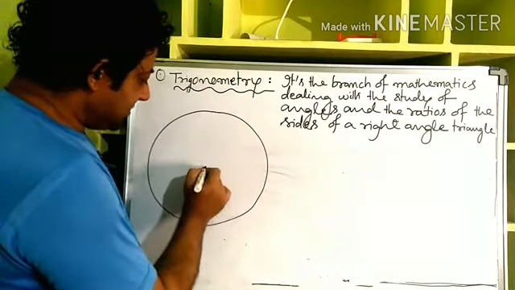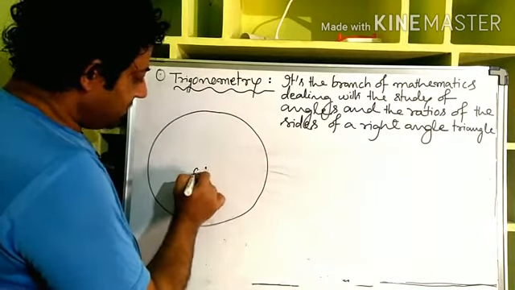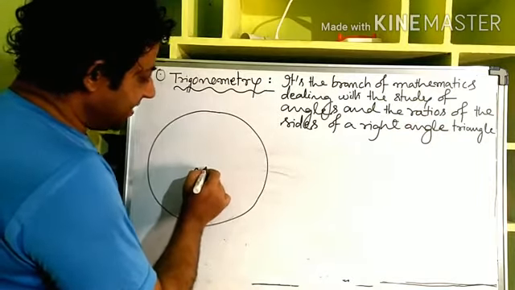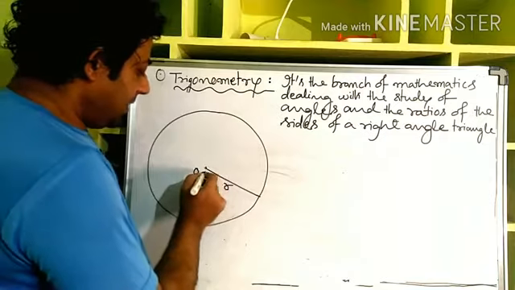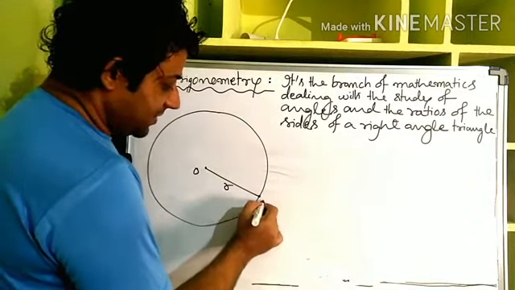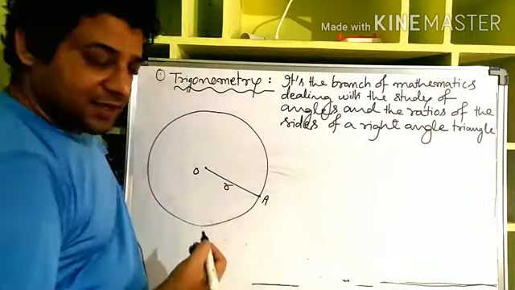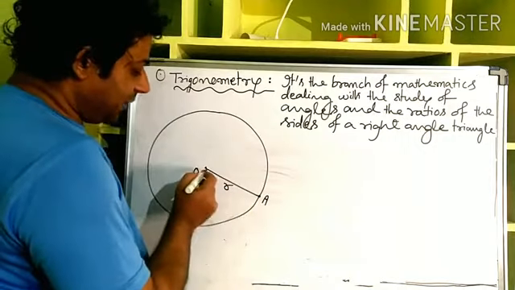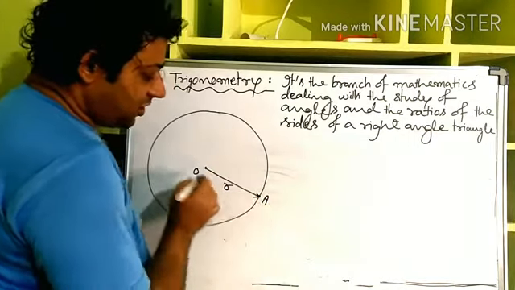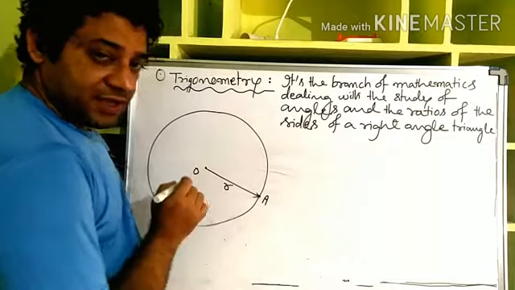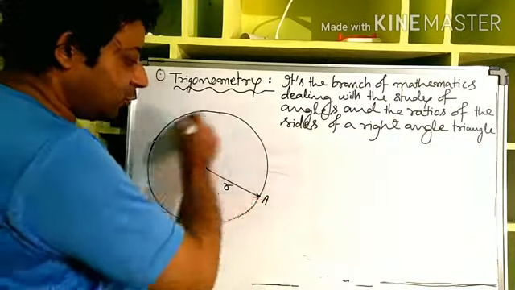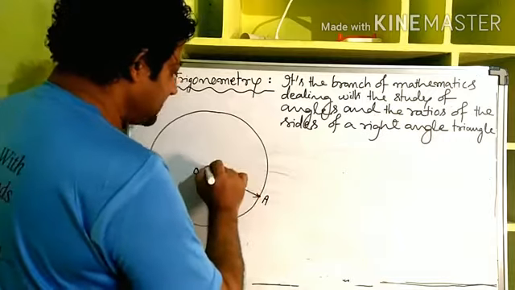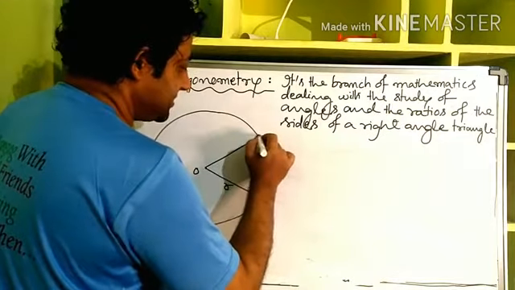Let us say this is a circle with center O and its radius is R. Now let's name this point A. Now OA is called the position vector of A. Now imagine that A is revolving in a circle around O. From A, let us say it has moved some distance.